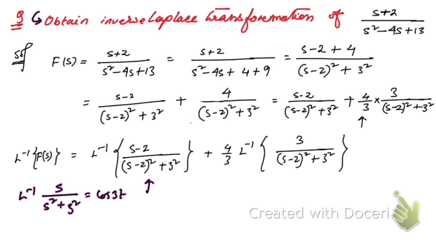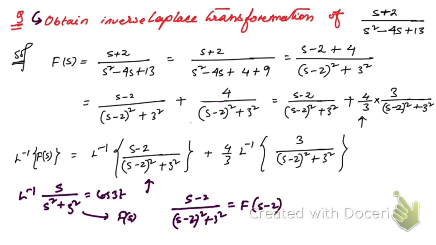Cos 3t. Okay, so if you take this one as f of s, then s minus 2 by s minus 2 whole square plus 3 square is to be considered as f of s minus 2, right? We're going to consider this f of s minus 2.